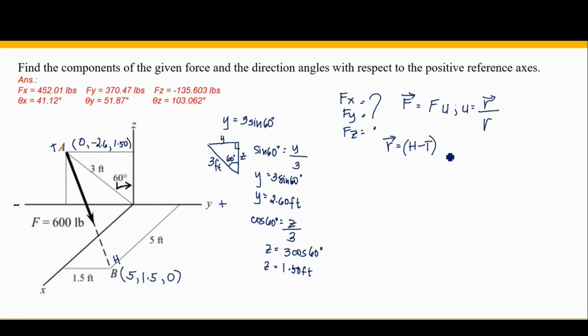Therefore, our position vector is in terms of i, j, k. The coordinates of our head are 5, 1.5, and 0. And then our tail is equal to 0, negative 2.6, positive 1.5.